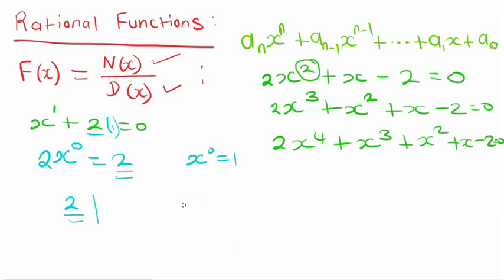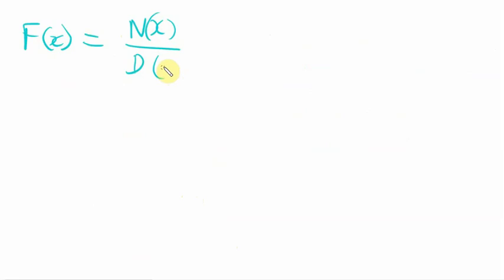Cool stuff. So we're talking about rational functions, and we found out that they are ratios of polynomials. It has a numerator and a denominator. So let's look at examples of rational functions.